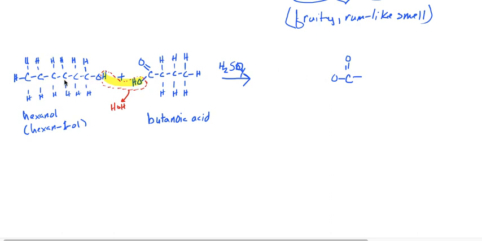We had 1, 2, 3, 4, 5, 6. It's going to get a little cramped, but I'll figure it out. 1, 2, 3, 4. Oops, this is really bad. All right, let me see if I can do a better job for you here. So 1, 2, 3, 4, 5, and 6.